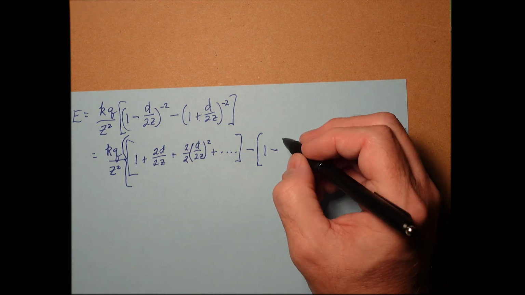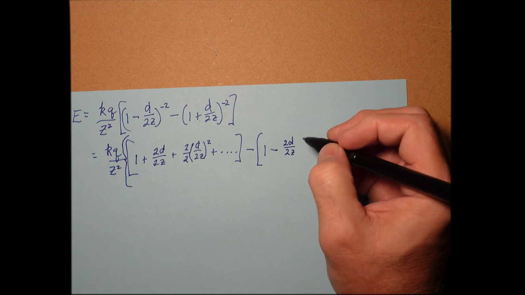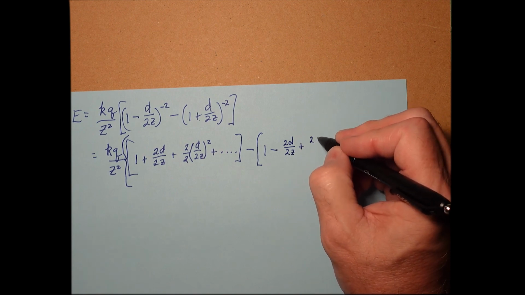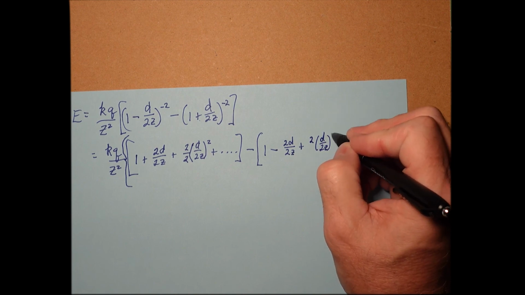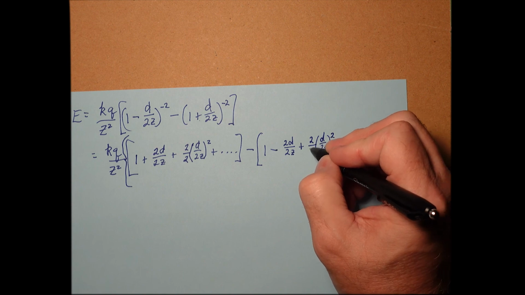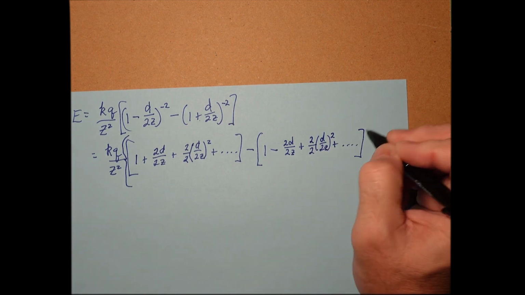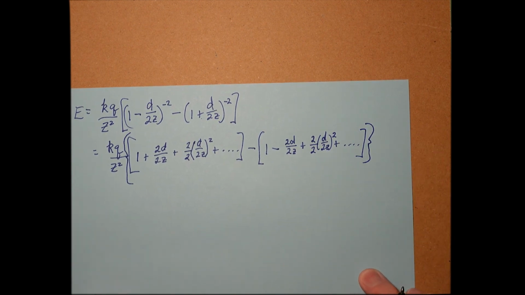Minus 2d over 2z plus 2 times d over 2z squared divided by 2 factorial, which is 2, plus dot, dot, dot, dot. There, and close the brackets like that.